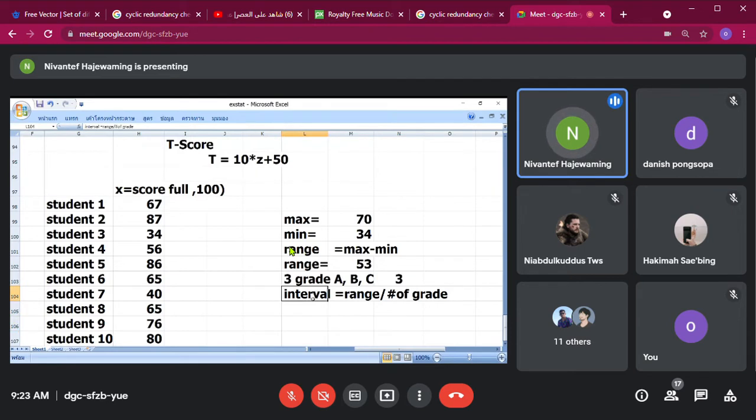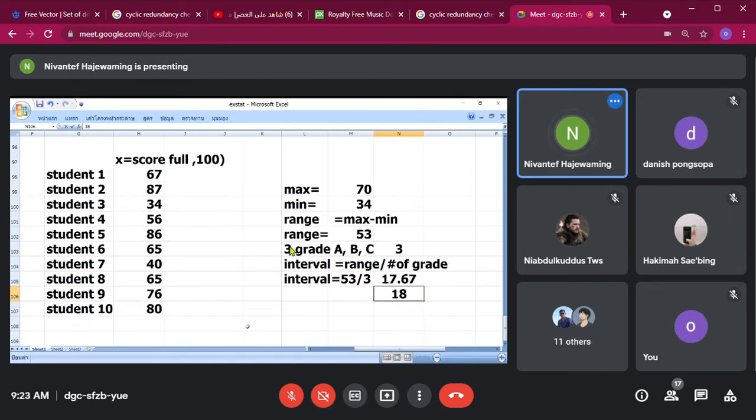So interval equals 53 divided by 3, which is about 17, and we can round it to about 18.